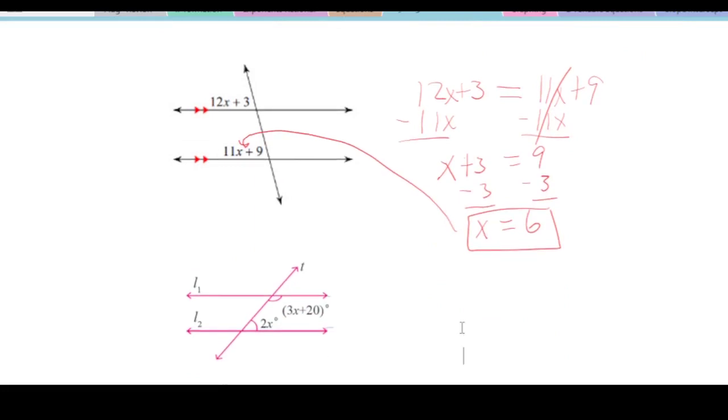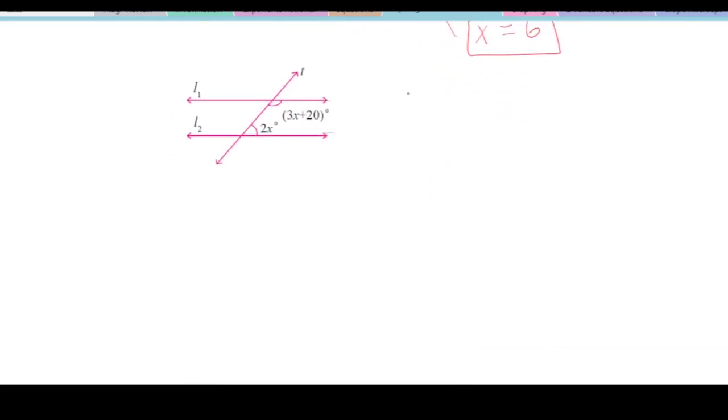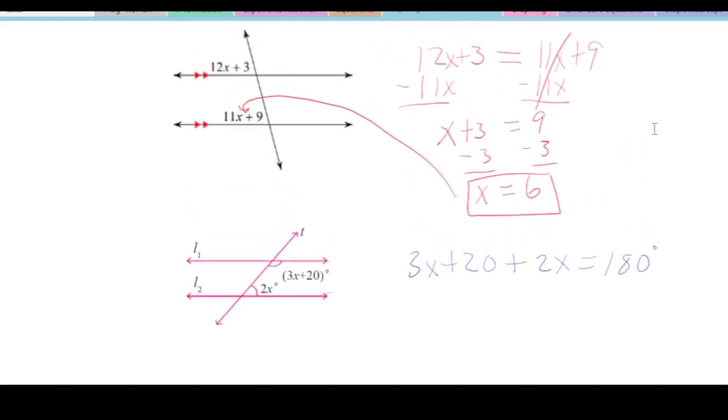In this case, the way I would set this up is I would say that this angle, the 3x plus 20, plus this angle, the 2x, equals 180 degrees. Now we're back to solving equations. In the last one, our two x's were on opposite sides, so I had to use inverse operations to solve it.